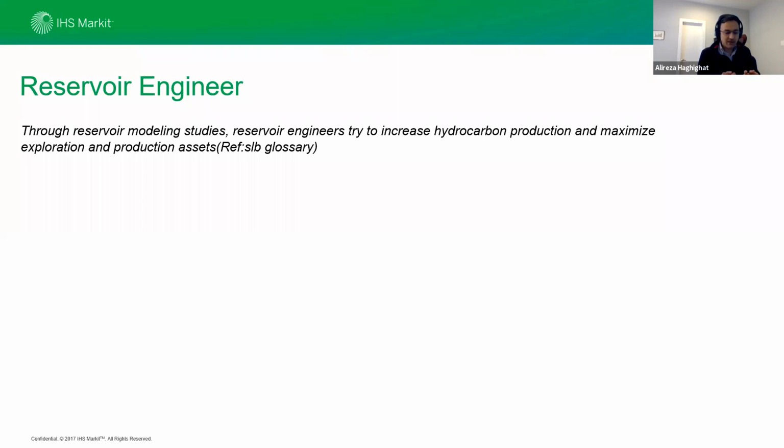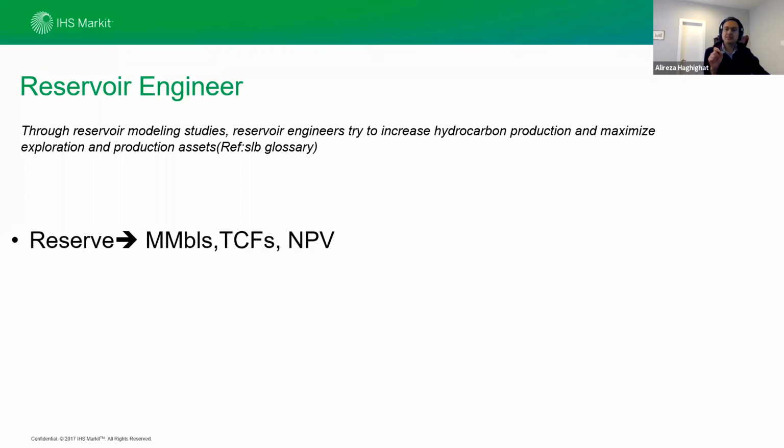So let's talk a little bit in more detail about the tasks of a reservoir engineer, what they do, what their jobs are. So the first thing that reservoir engineers do is reserve evaluation. What do we mean by reserve? So reserve means how much recoverable hydrocarbon a company owns, how much recoverable hydrocarbon a region has.